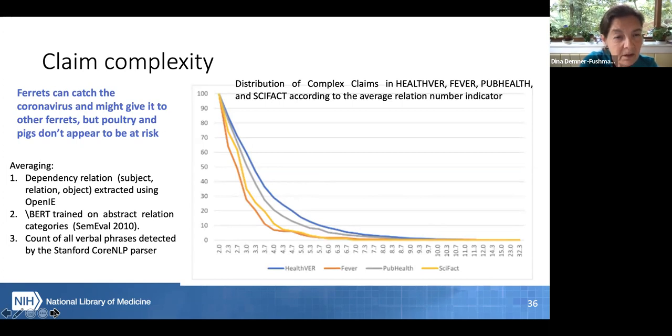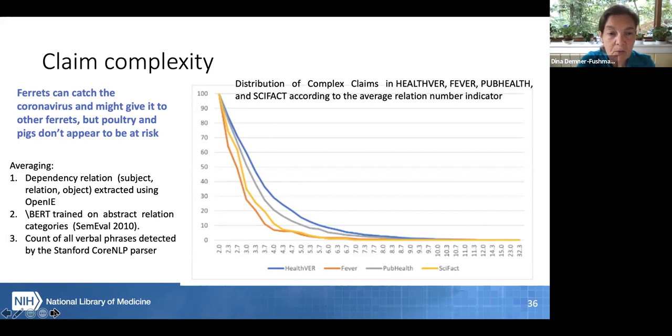Ferrets can catch the coronavirus and might give it to other ferrets. So these are 2 facts. Ferrets can have it and ferrets can infect ferrets. But poultry and pigs don't appear to be at risk. So another sort of 2 claims: poultry not at risk, pigs not at risk, also some hedging, some uncertainty.